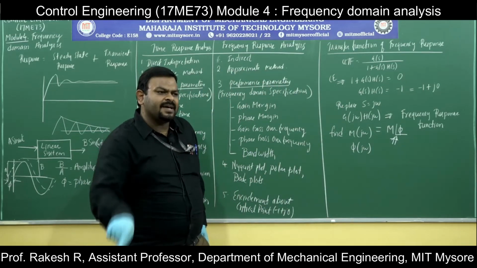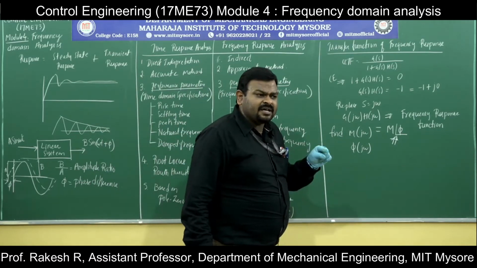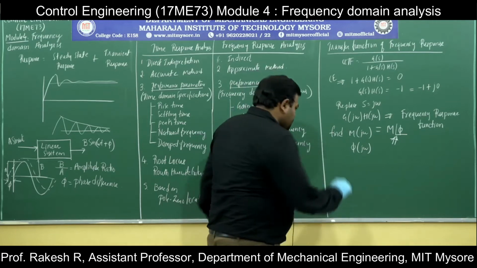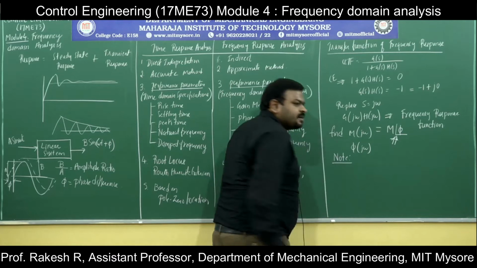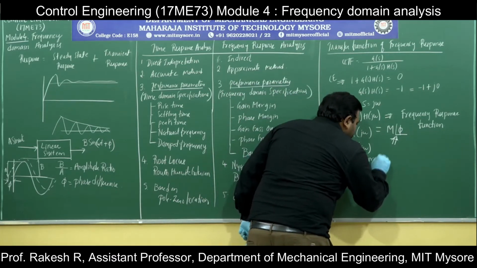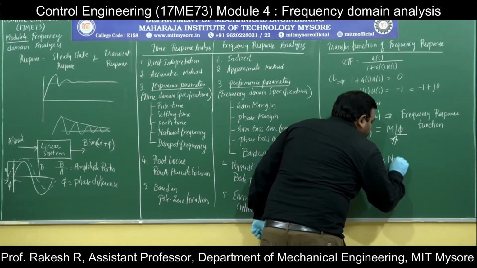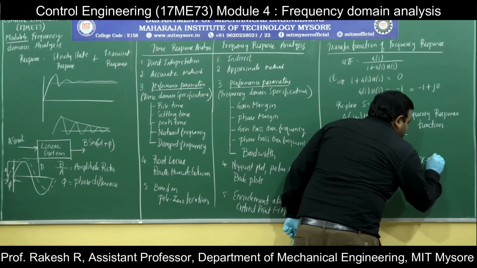Let us recall the basic things in calculating magnitude and phase angle for a complex number. So I will write that as a note. If I consider a complex number, what is a complex number? A complex number is one which has an imaginary part. So complex number x plus iy.